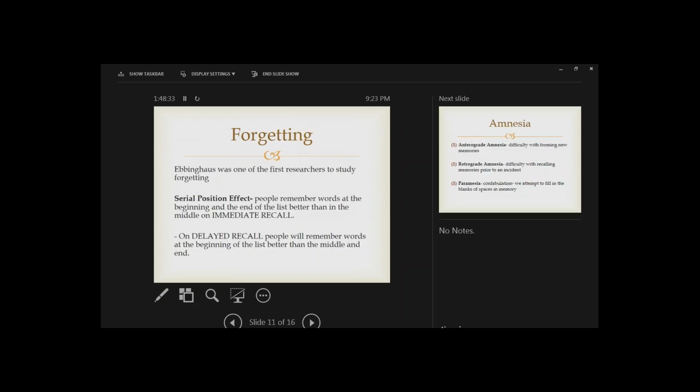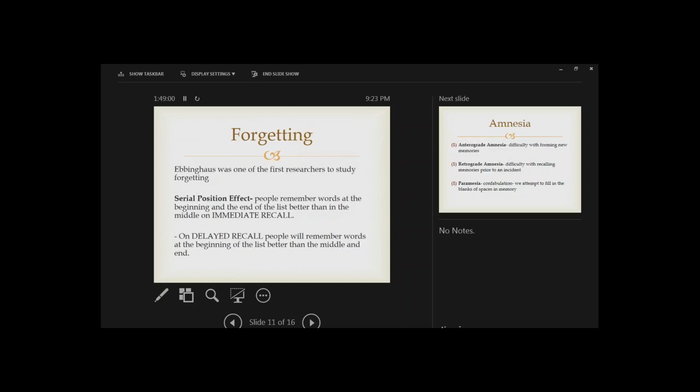If I take a list of words, so if I said to you guys, I want you to give me a list of grocery items. Just give me some items. Somebody's got to go shopping. What else?